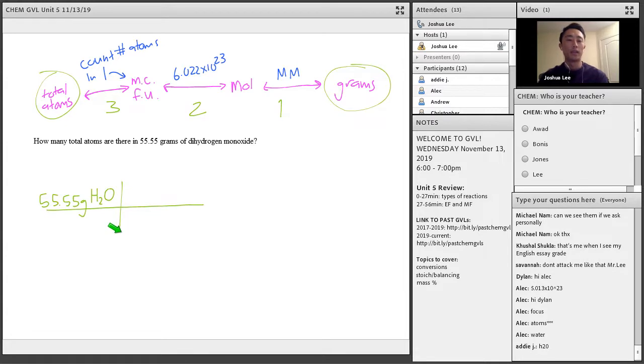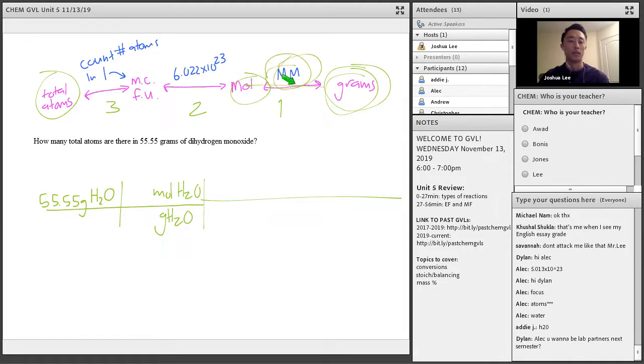First, I want to get rid of grams of H2O and go to moles of H2O. Going from grams to moles, I have to use molar mass. So this whole section right here is molar mass. Mr. Mole is by himself, so it's a 1. And the mass of 1 mole of water is 18.02.